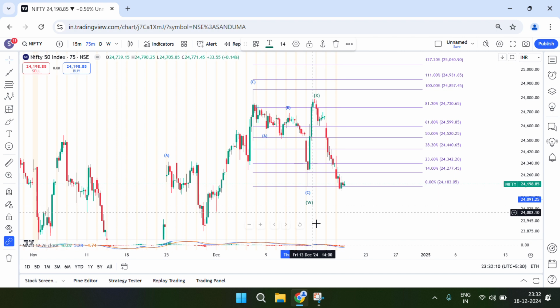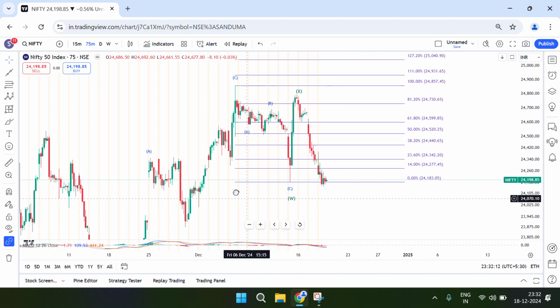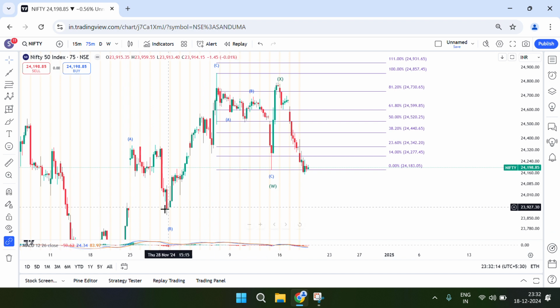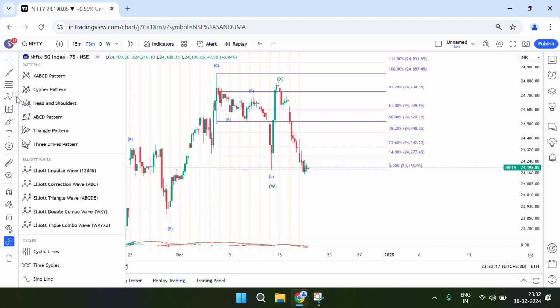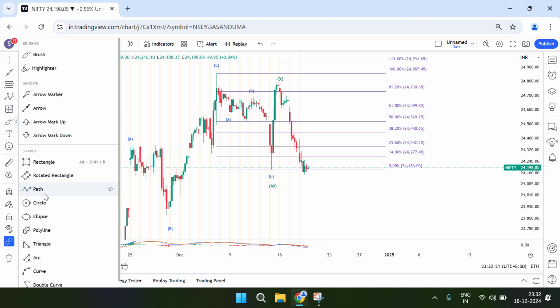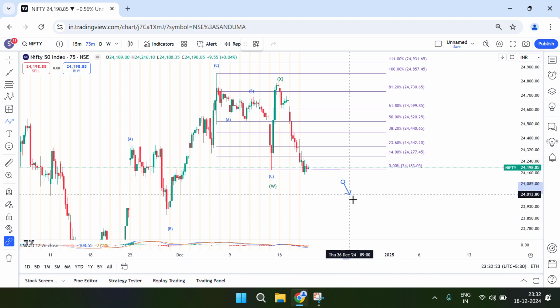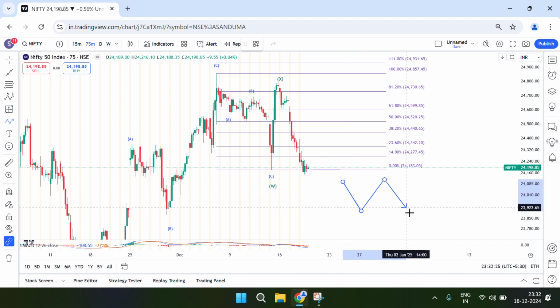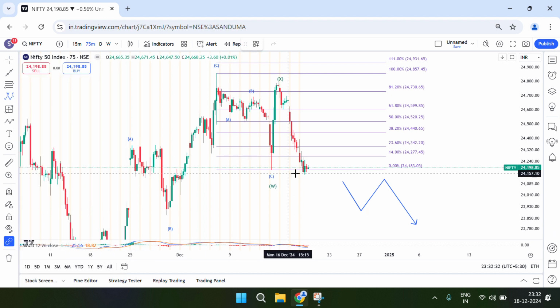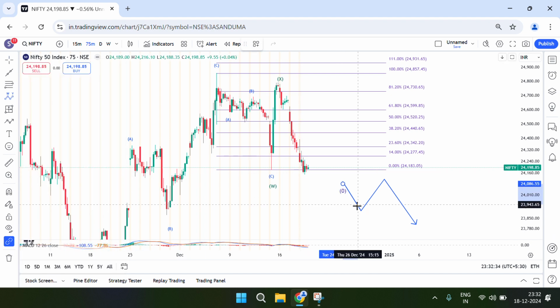Now, when a particular correction goes into a double or a triple correction, or basically a complex correction, this is how generally it will move. So this is R0, this will be W, this is X, this is Y. It will look something like this. And even in our individual moves here, if I call it W, X, Y, this X to Y will also come into three moves.